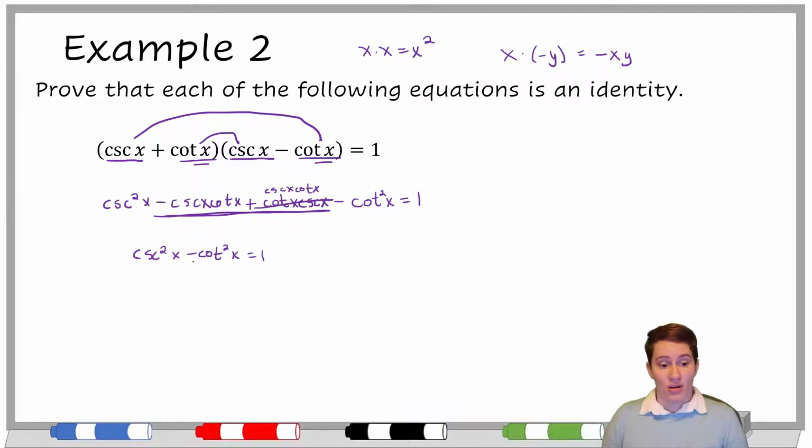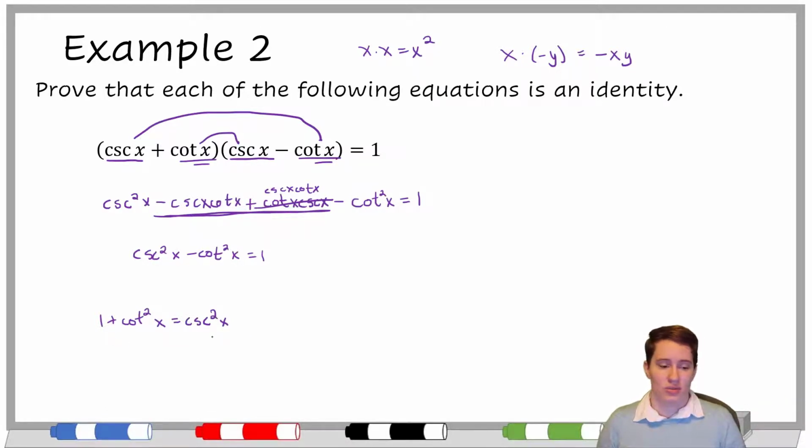So now we can look at our identity sheet again. The fact that this equals 1 should be sending some alarm bells our way because we have a Pythagorean identity that says, what does it say? 1 plus cotangent squared equals cosecant squared, I think is what it says. And so basically what we can do is ask, what would happen if I wanted it to be 1 equals something, right?